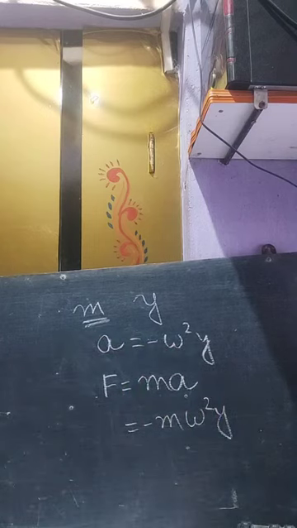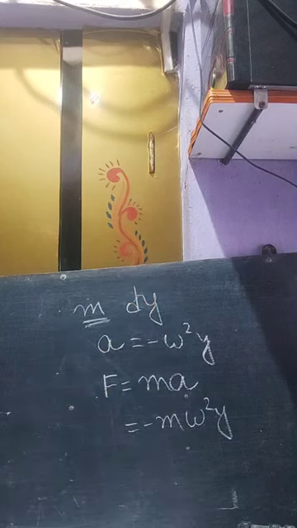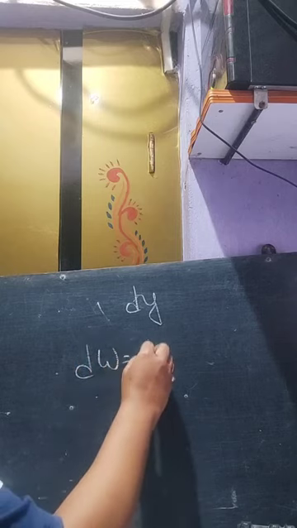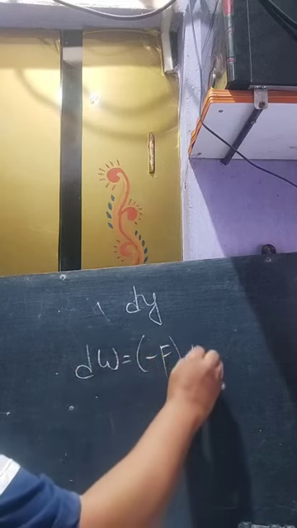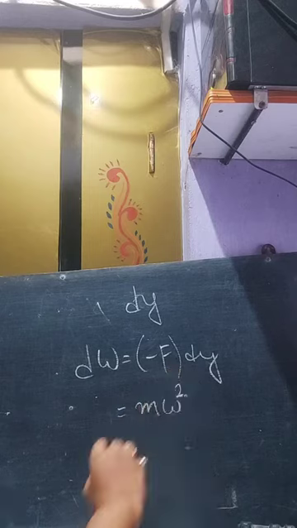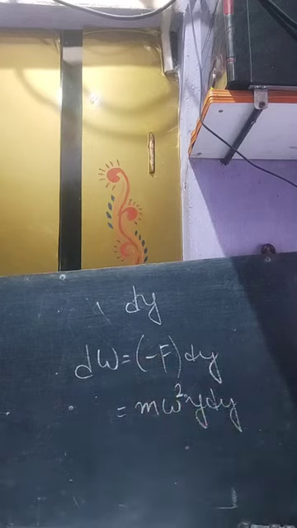Okay. Now, if the particle undergoes a further infinitely small displacement dy, then the work done against the force, dW, is basically m omega square y dy.